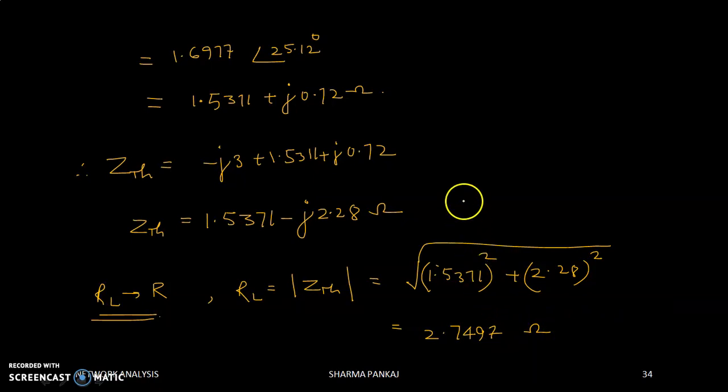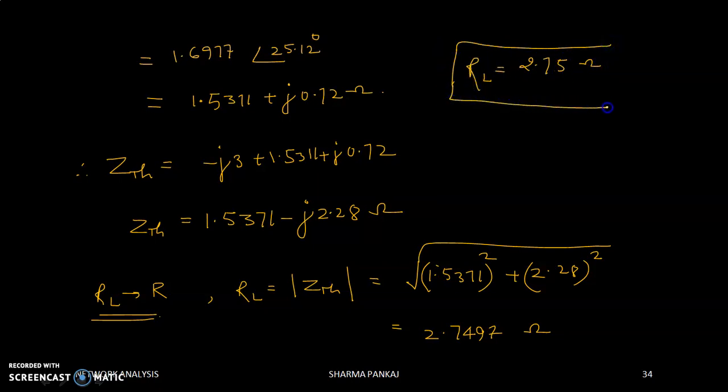So precisely it can be written as the value of RL is equal to 2.75 ohm. For this value of RL, the maximum power is transferred from source to load. This is your answer.